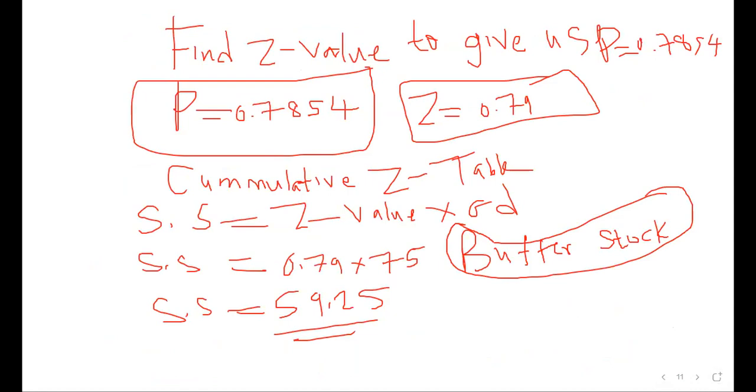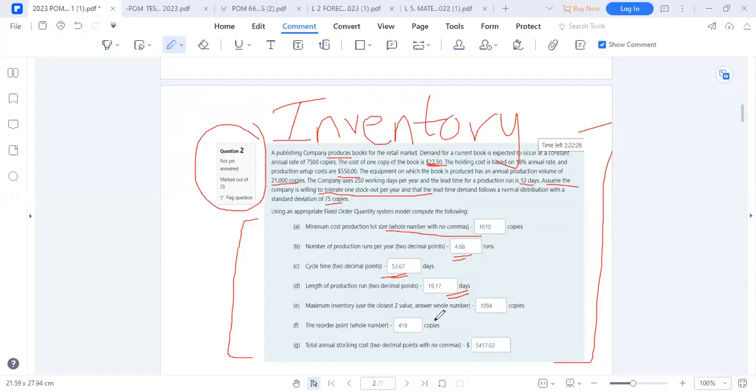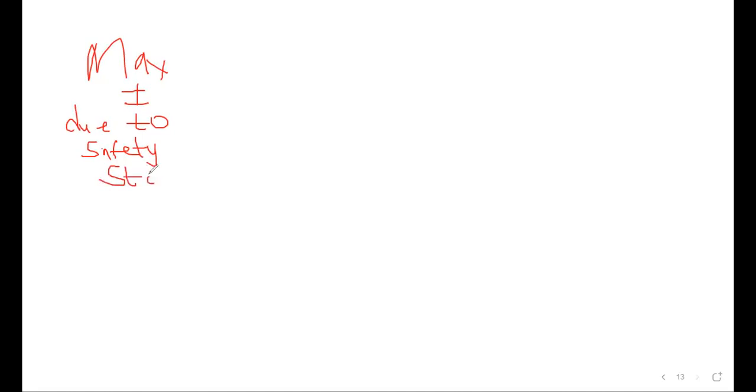Now, where are we? We are here where we're trying to find maximum inventory level. So our maximum inventory level due to safety stock, and be assured that this video will be shared with you.